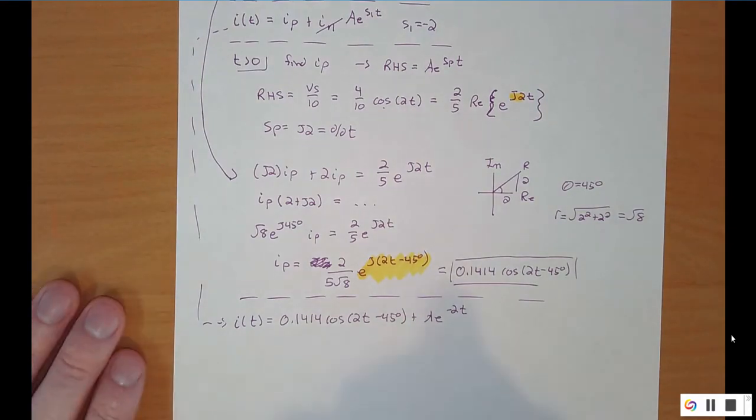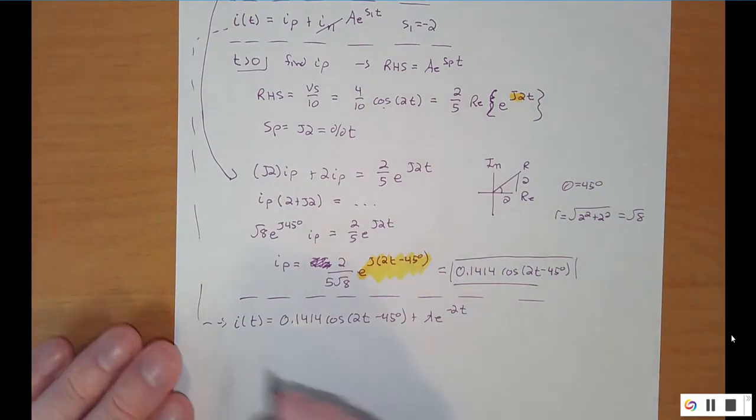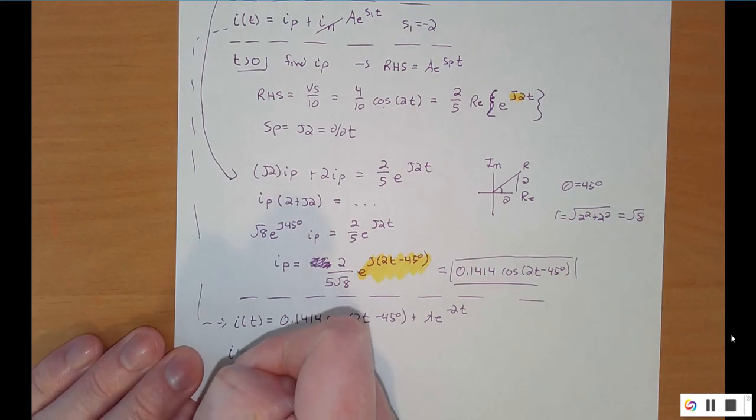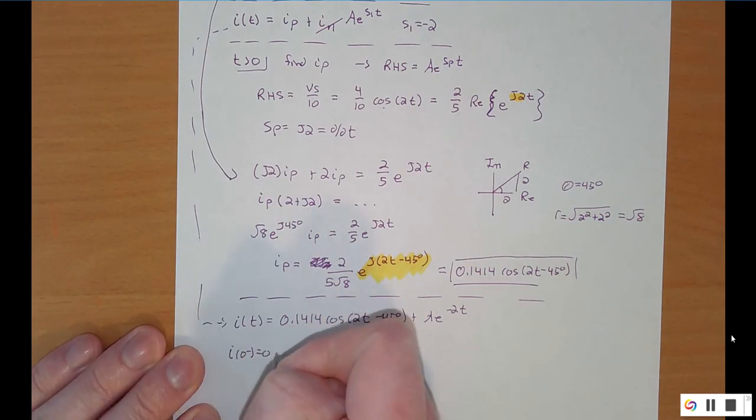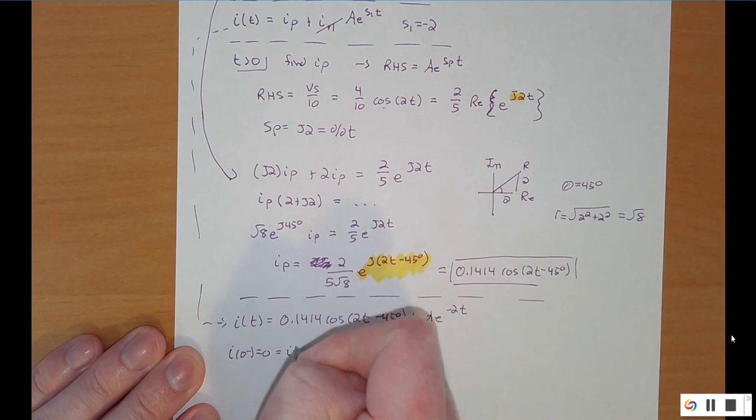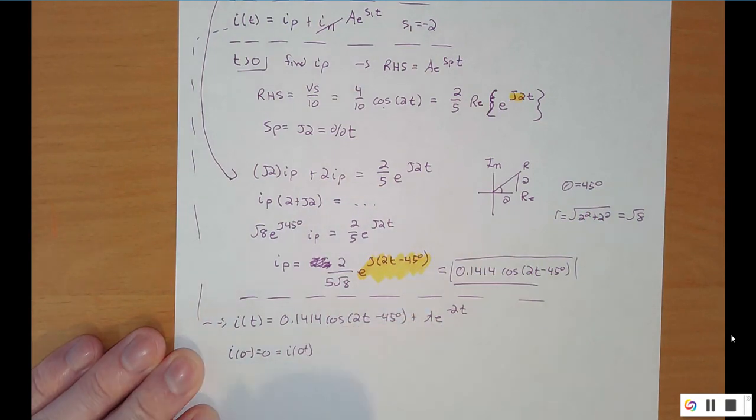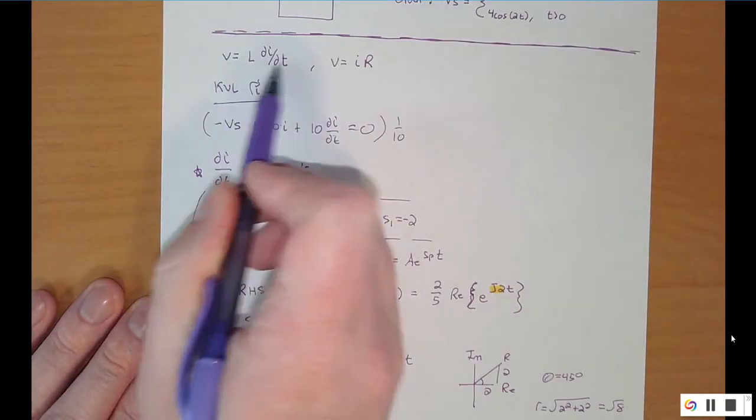So all I have left to do is find A. I know that this was initially not powered. There was no power initially, so that means that I of 0 minus was 0. It also means that I of 0 plus is 0 because it's through an inductor, and the inductor can't change current instantaneously. We have a di/dt. So if you change current without changing time, you get infinite voltage.